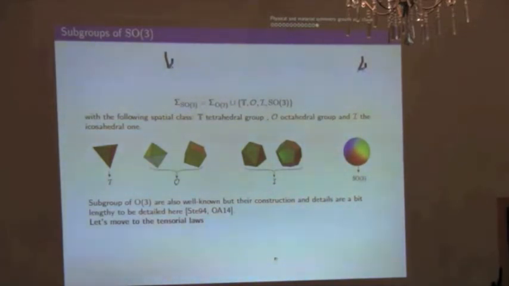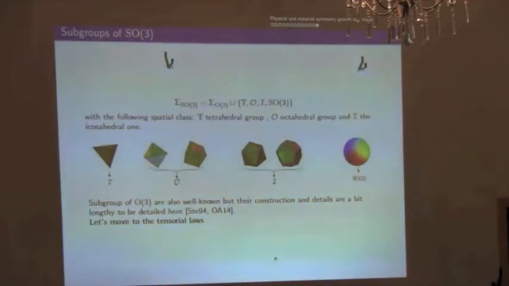So these are the subgroups of SO3, and for 3-dimensional even-ordered tensors, that's just what interests us. For O3, it's constructed from everything we just saw, taking the product with inversion.